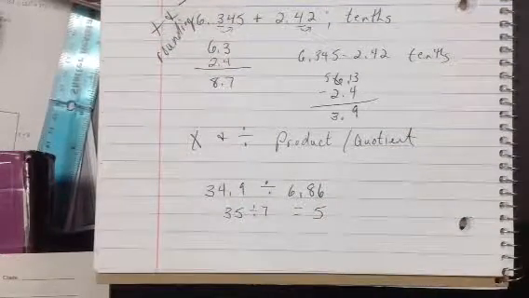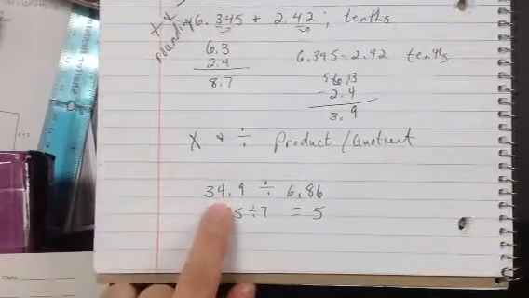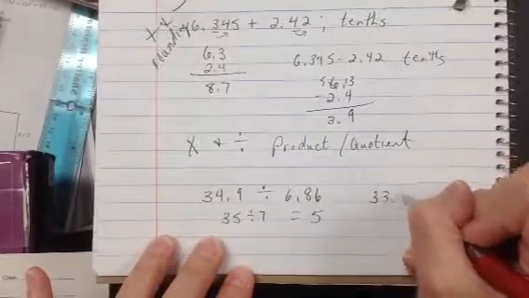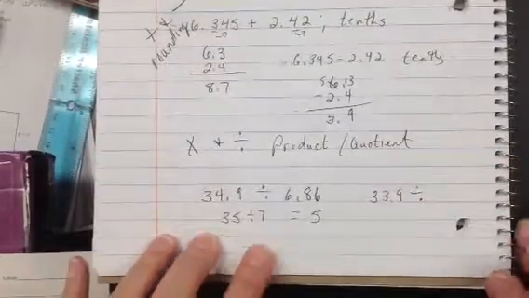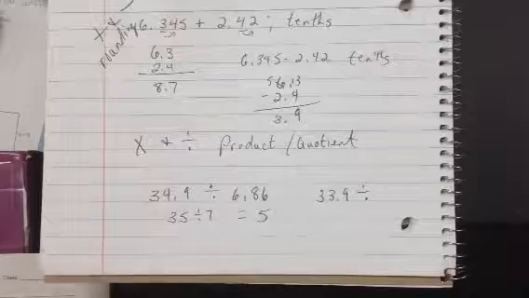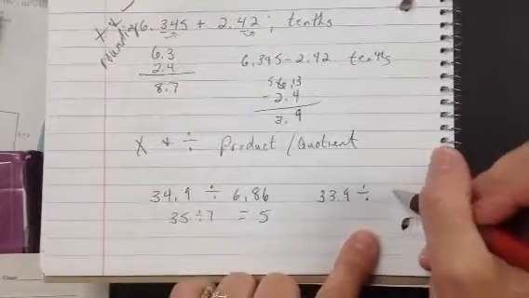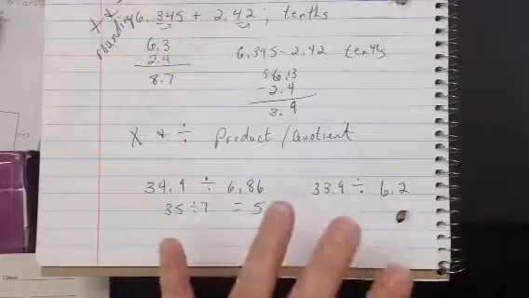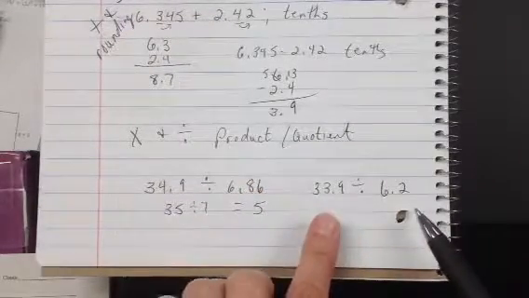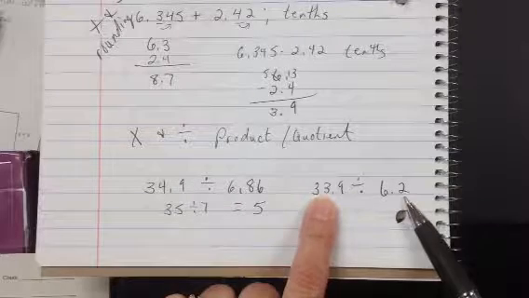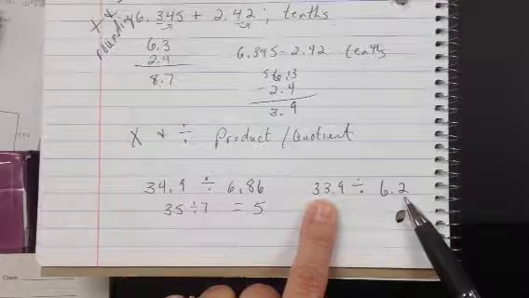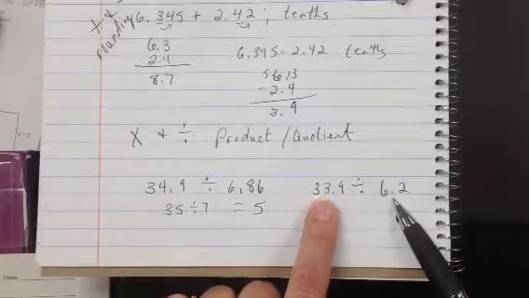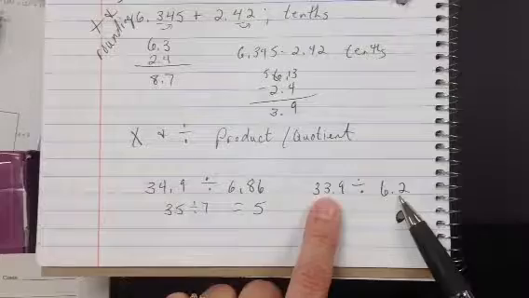Okay? If this had been smaller, maybe this is 33.9, and I'm supposed to divide it by, let's just say 6.2. Okay? I have a decision to make. Should I call this 30 divided by 6? Well, that's 5. Is this 35 divided by 6? Or is it 35 divided by 7?